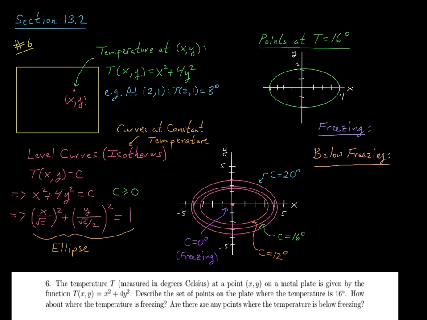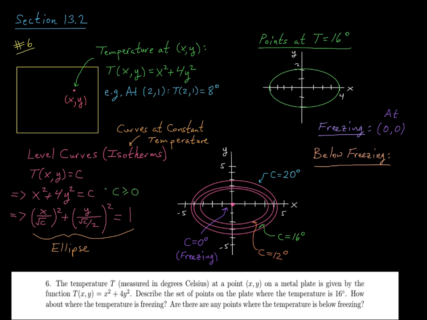Okay, where are we freezing? Well, we're freezing, as we just noted, at the origin. And then finally, it says, are there any points where the temperature is below freezing? And the answer to that would be no. Why?